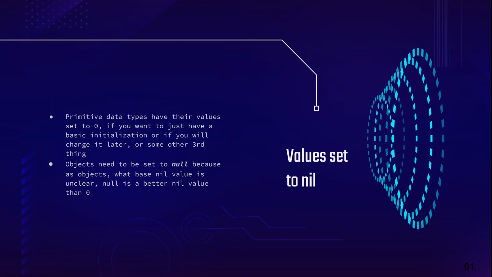It doesn't really matter, but when you have a primitive data type, your nil quote-unquote value is going to be 0. That's a very key difference to, say, objects, which need to be set to null, because as objects, what their nil value is isn't really clear. So null is more descriptive than 0.